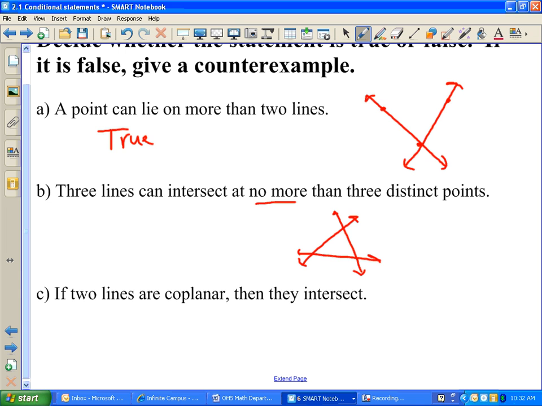But you only have 3 lines. How do you make a square? No. The line has to be straight. Oh, you only have 3 lines? Oh, okay. It's true. It's only 3 lines. Okay, no more than means you can only have 3, 2, 1, or 0.